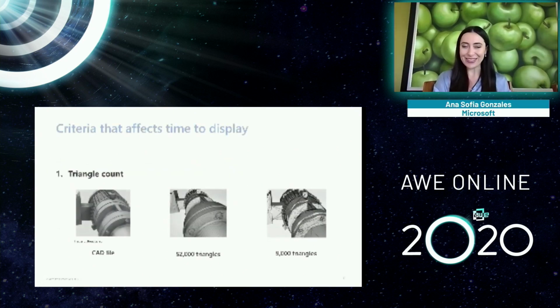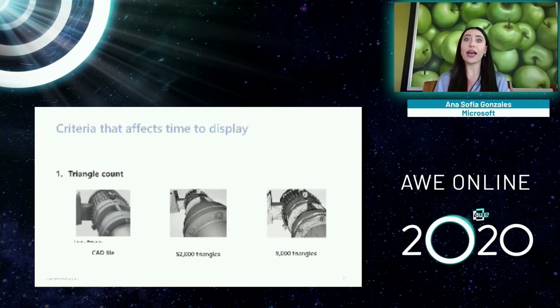First, triangles. Again, I know this will be repetition. You can start from a CAD file, right? And as you look at this image, the first one is beautiful, right? And then you try to optimize it by half. So here, for example, the middle one is 52,000 triangles, but this is still too big for a HoloLens.